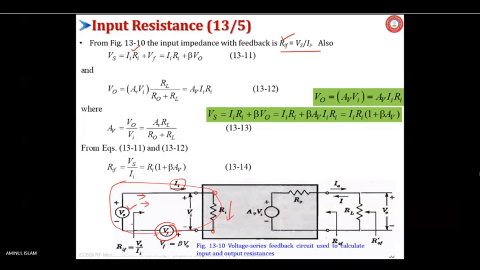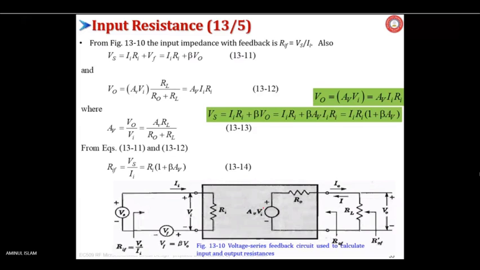If you add this, it is going to be equal to VS. Is it not? VS understood? Do you get it? Yes. Okay. So now, if VS is understood, then VO is what?